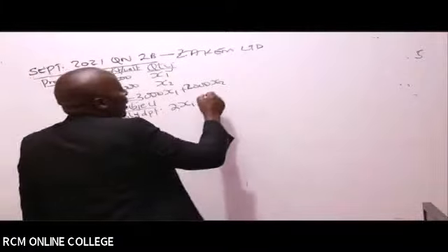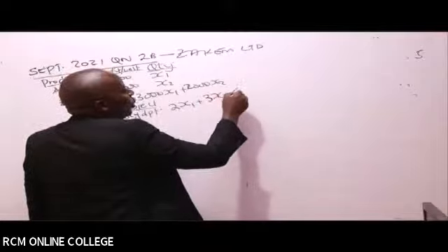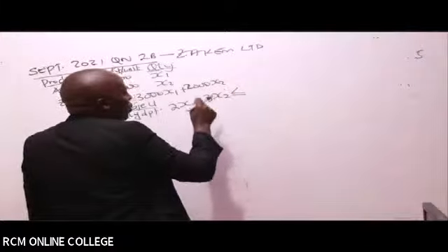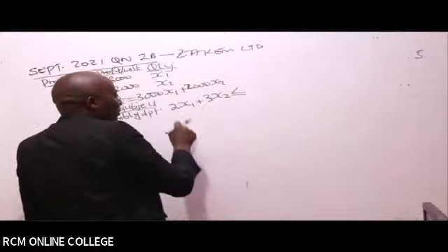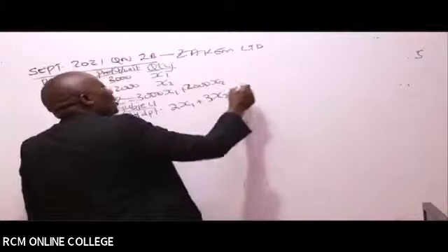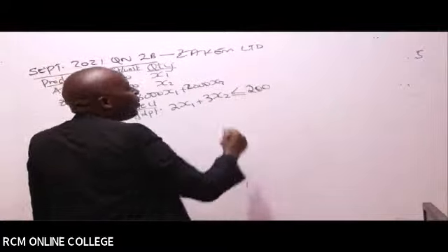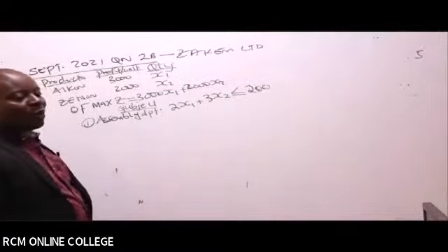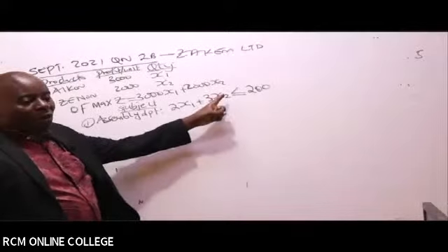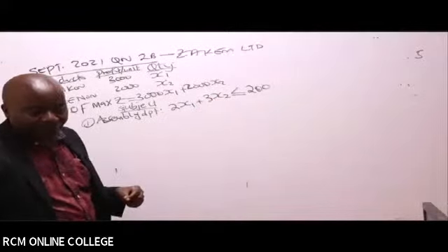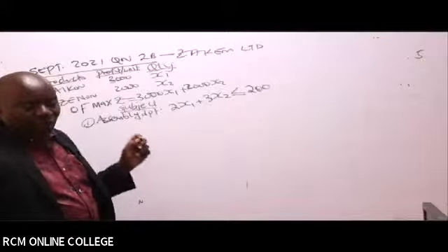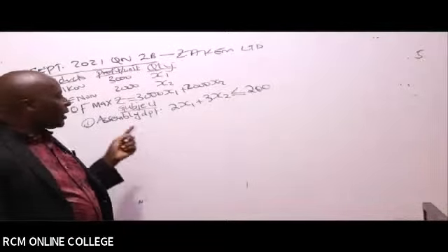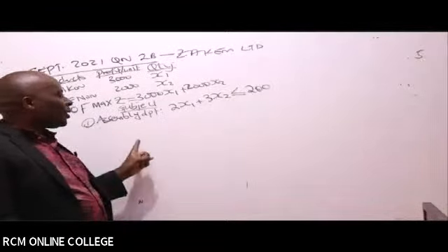So 2X1 plus 3X2 should be less than or equal to, they told us that in assembly and the other departments, each department has a maximum of 200 hours. So there is no way we'll be able to exceed the 200 hours. We can't exceed the 200 hours. So this is the assembly constraint.